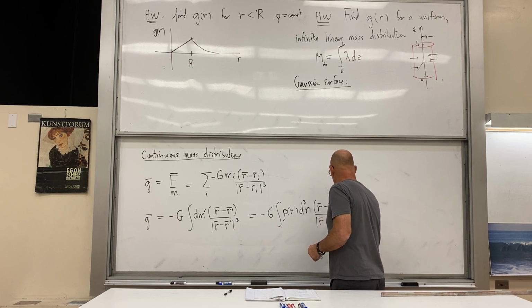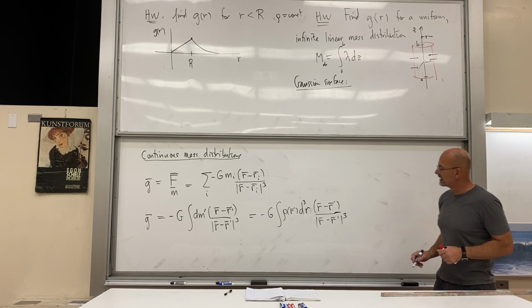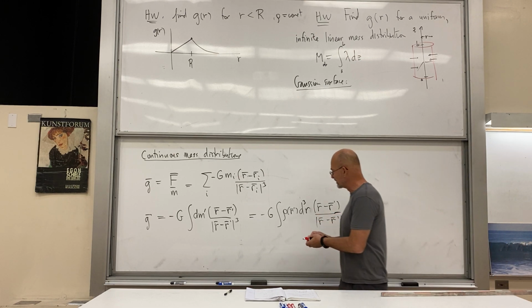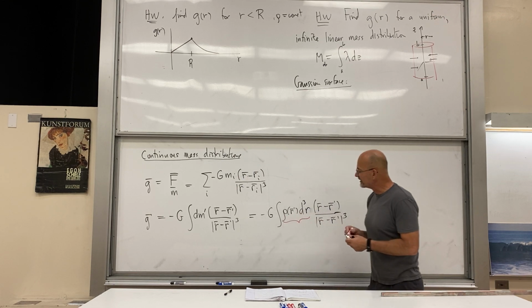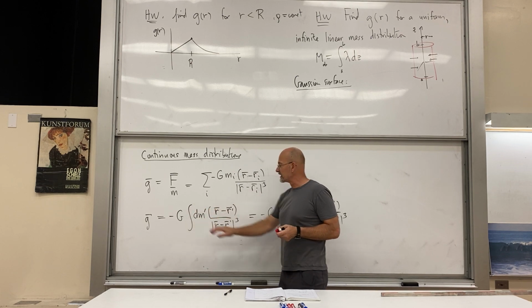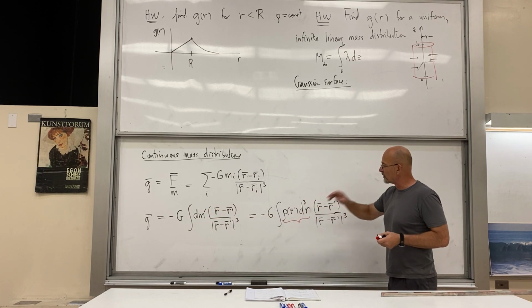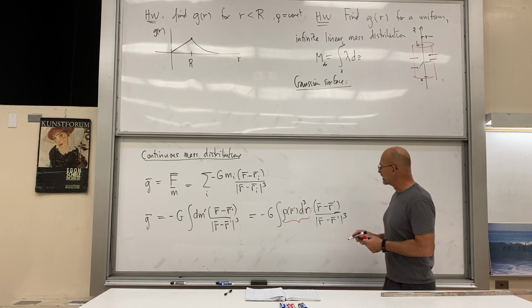Okay. Good, so we have the integral form for a continuous mass distribution. When you're remembering these things and when you're constructing things, it's actually better just to write dm first and then go into this form if you need it, depending on what your coordinates are. Okay, good.